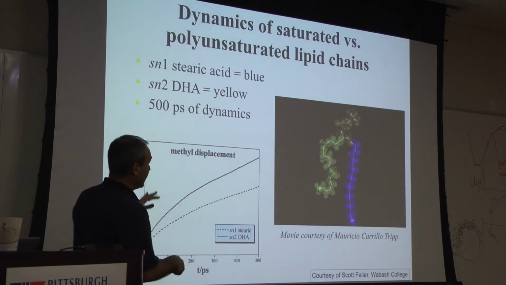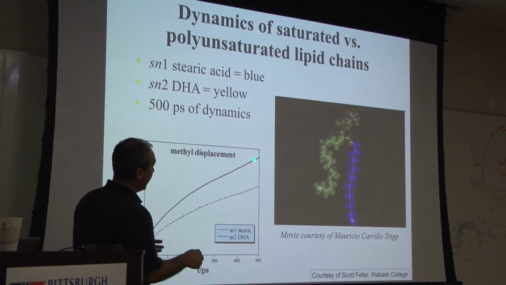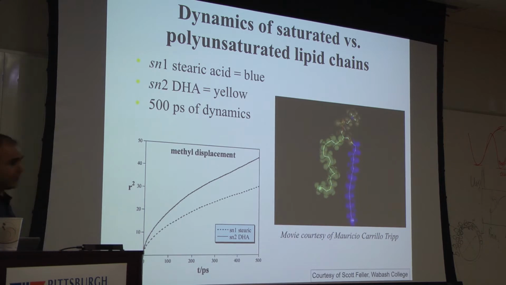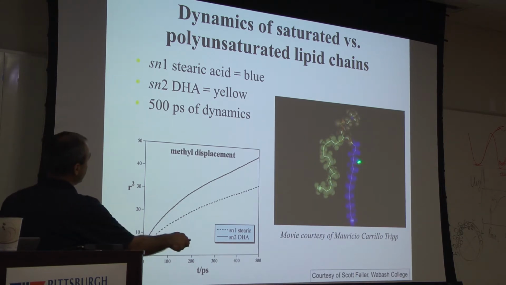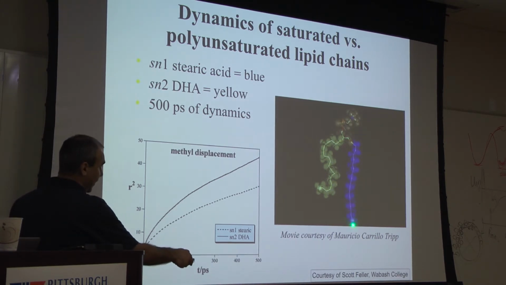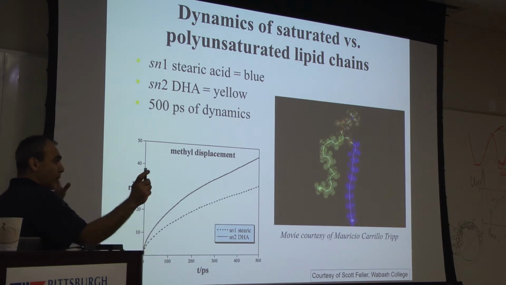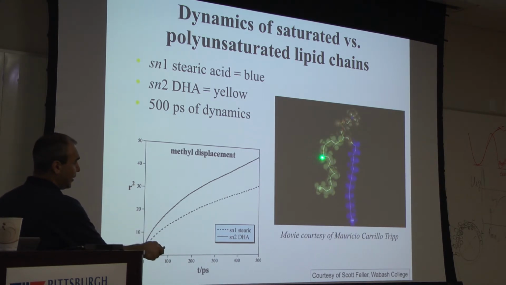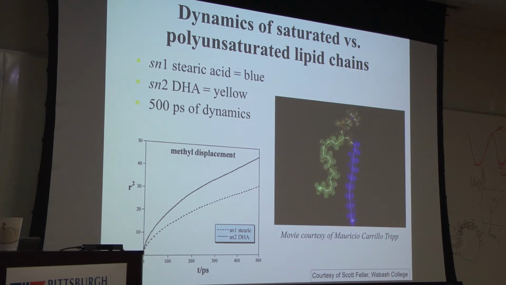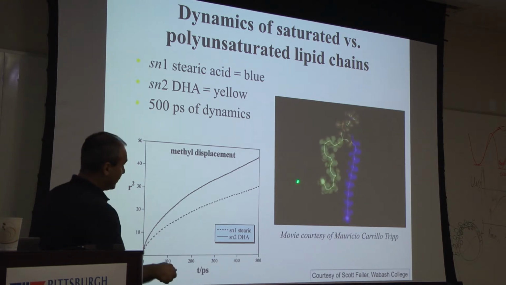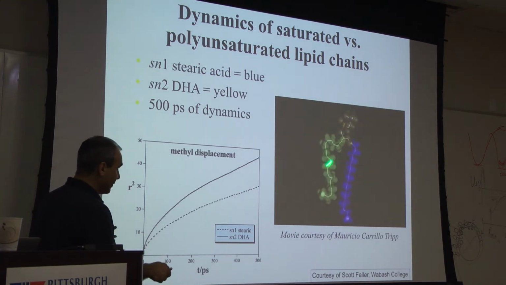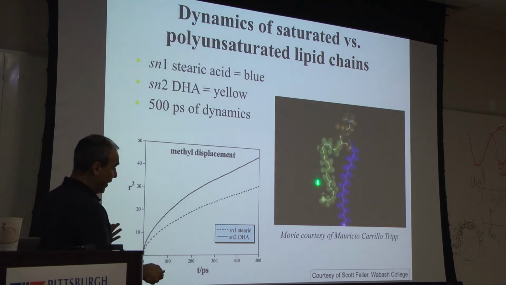So now they did that, and they are applying this to a lipid. The blue one is a saturated tail, where you have the normal single bond dihedral potential, and here you have the double bonds. This is a polyunsaturated tail of DHA. You can see that results in a much more flexible behavior of this tail.